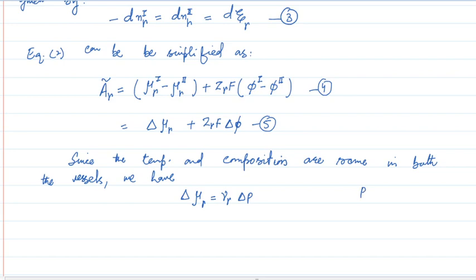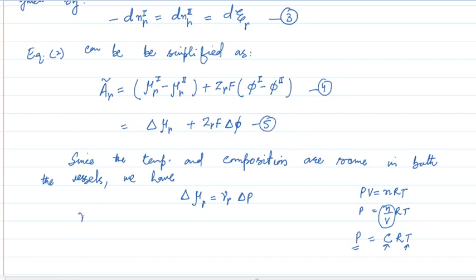Because if we take the ideal gas equation, PV = nRT, we can write P = (n/V)RT, and n/V defines the concentration, so P = CRT. That means pressure is directly proportional to concentration at a given temperature. So we will simply replace it here with delta P.